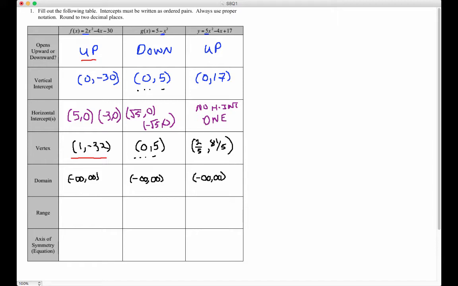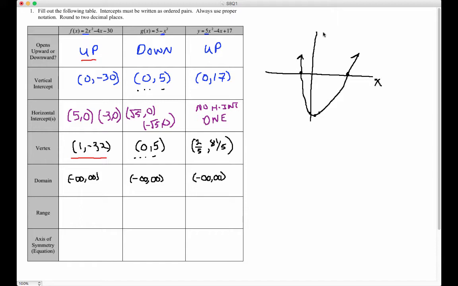Knowing that is going to help me out, because if I just do a rough, hacked-out sketch here, nothing too fancy, I know it's going through 5. I know it's going through -3. I know it's going through -30 down here. And at 1, -32 is the vertex right there. So this graph looks not quite unlike, but similar to that.